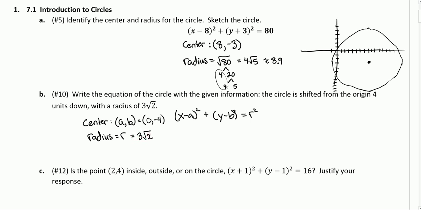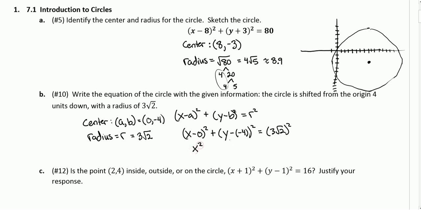And our radius is given at 3√2. So we plug in our values, and we get x minus 0 squared plus y minus -4 squared is equal to our radius, 3 square root 2 squared. And we just need to simplify this a little bit.